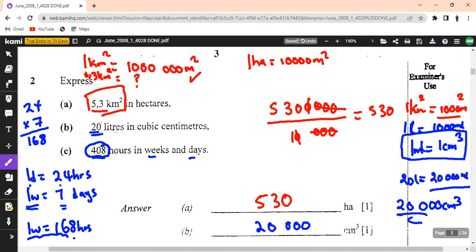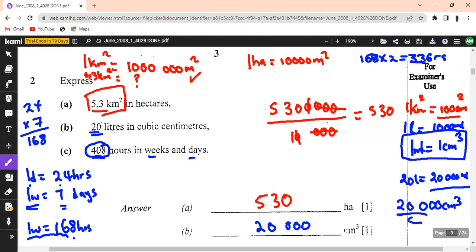So how many are we going to have? All right, so you're going to see that if we divide, we are going to obtain 2, because 168 times 2 actually gives us 336 hours. So this is 336 hours out of 408 hours.